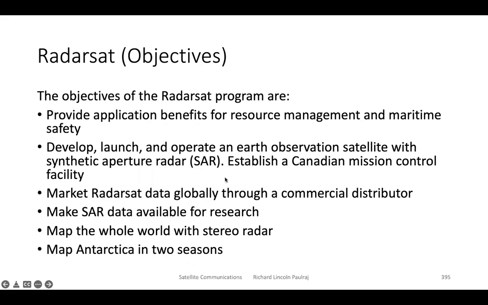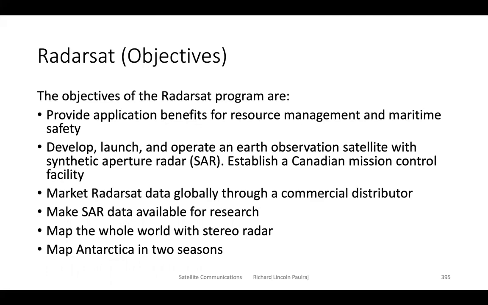Radars were actually playing an important role, especially in the World War. During the World War, they wanted to know, is it a friendly object or an enemy object, right? So radars play a very important role in identifying, because borders are guarded, even the air bases are guarded.